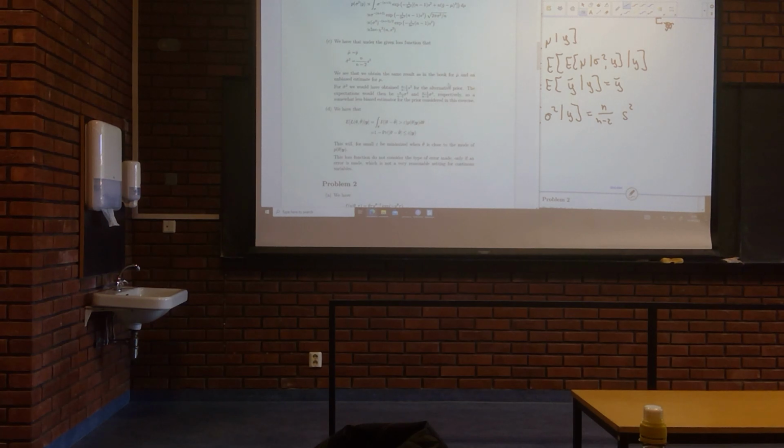Note that this is somewhat different from what we would have if we had chosen the alternative prior. Earlier, if we had used a prior for sigma squared of 1 over sigma squared, then the posterior would be inverse chi squared with n minus 1 and s squared, and the expectation would be n minus 1 divided by n minus 3 times s squared.